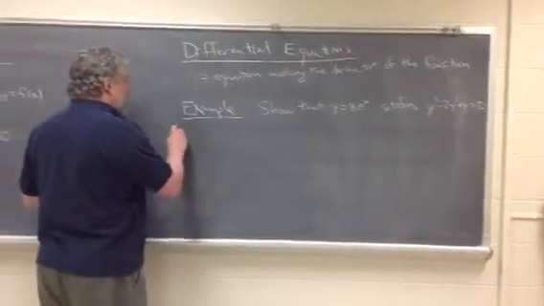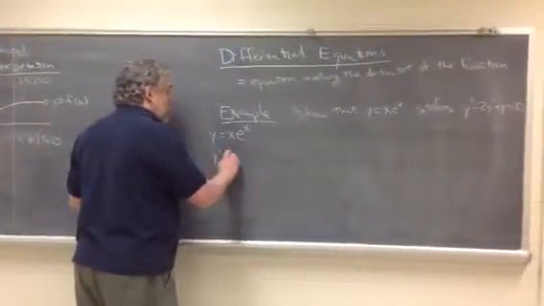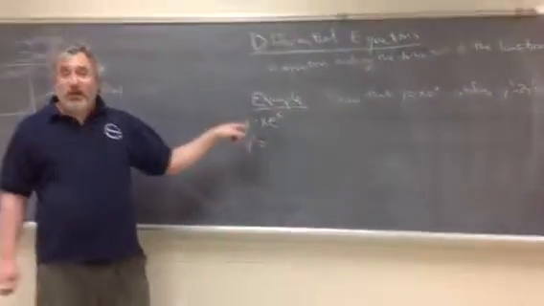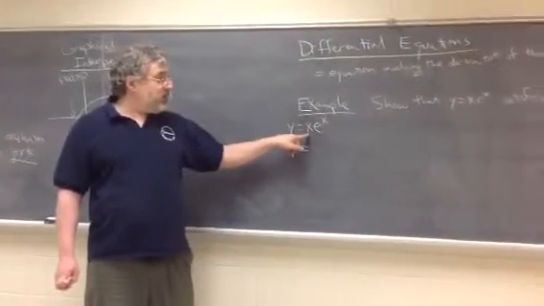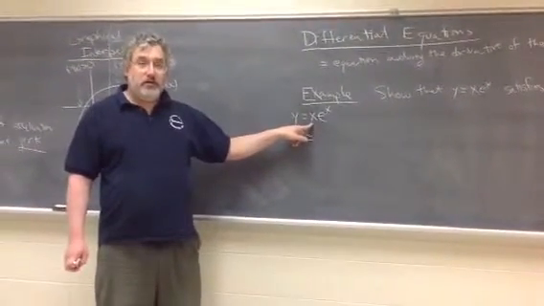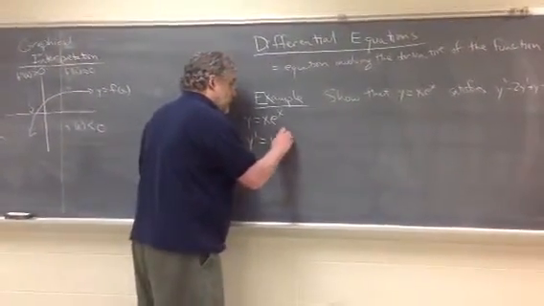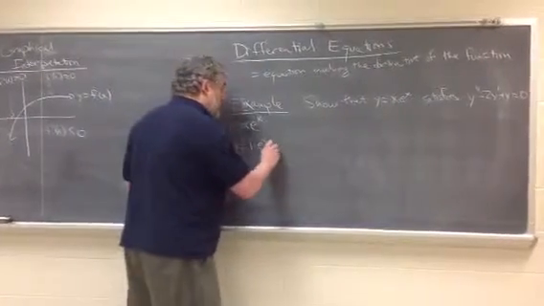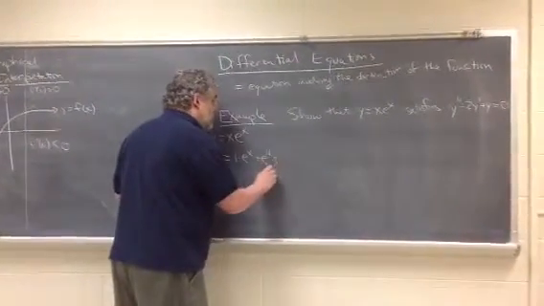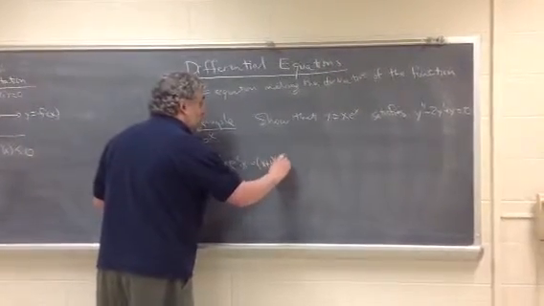We know y equals x e to the x. What's y prime? Well, that's a product, so we need the product rule. So it's the derivative of x times e to the x plus the derivative of e to the x times x, or it's x plus 1 times e to the x.